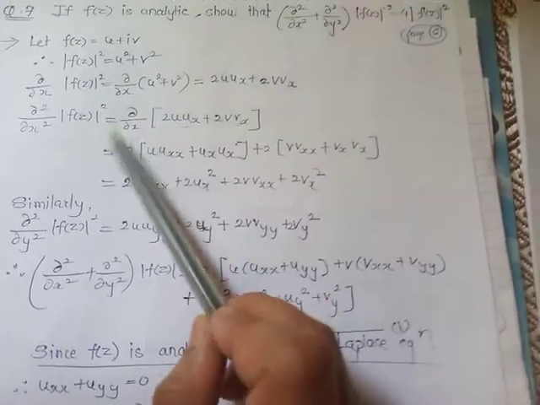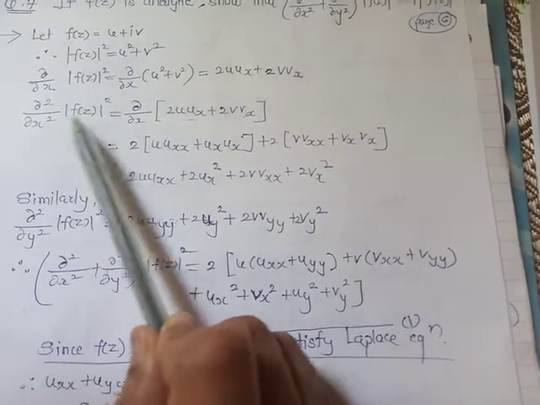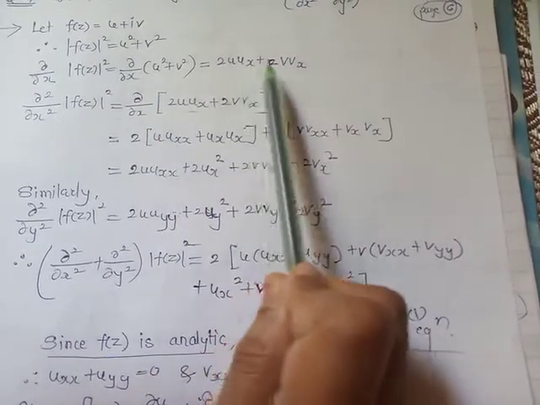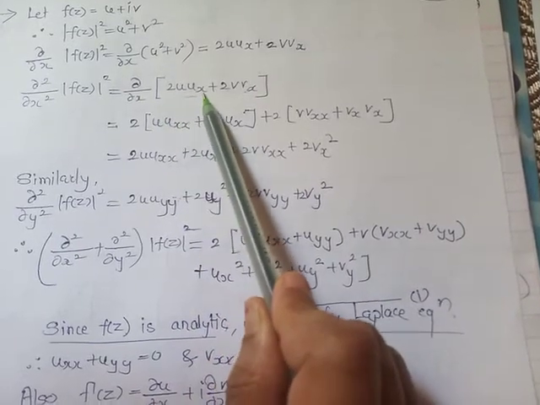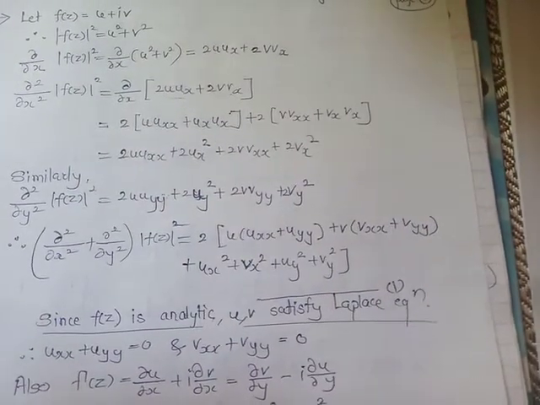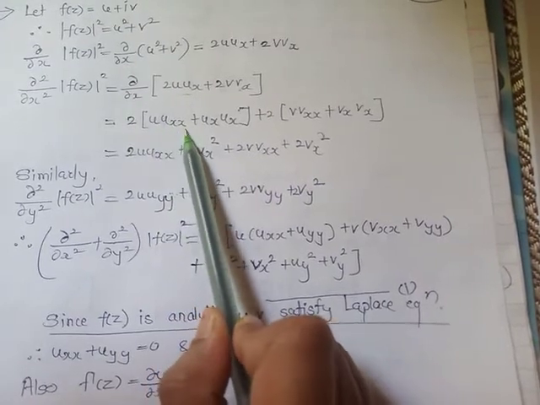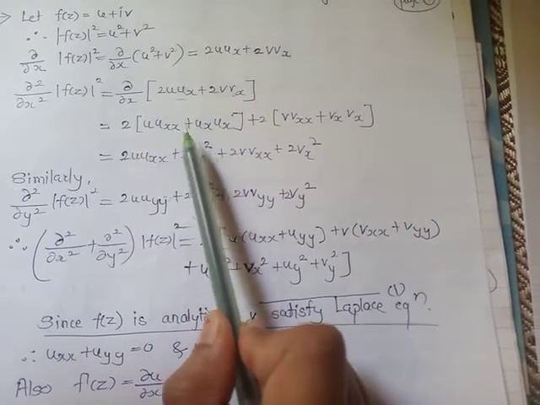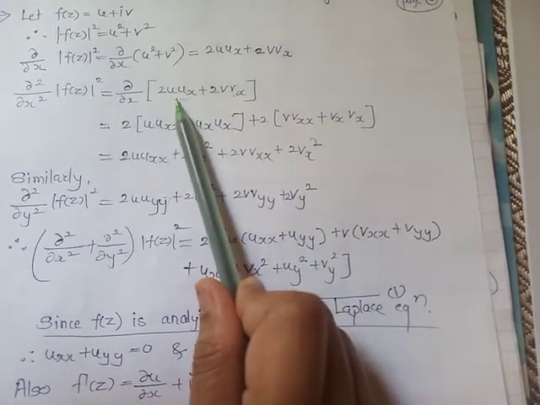Now second order derivative of |f(z)|² with respect to x is equal to ∂/∂x of this first order derivative. Now, if we use here product rule of derivative for u ux and v vx, then we can write 2 constant as bracket u uxx plus ux into ux, that is first into derivative of second plus second into derivative of first for this term.